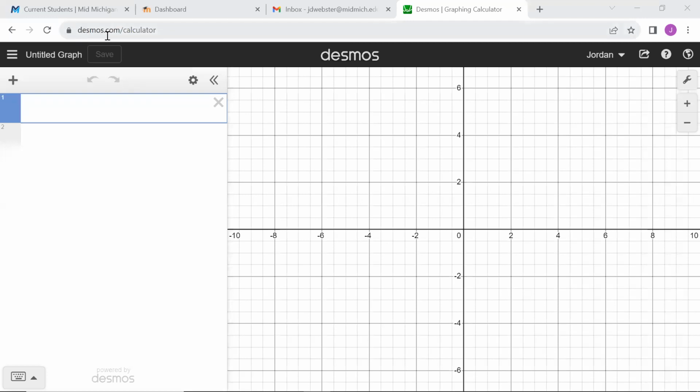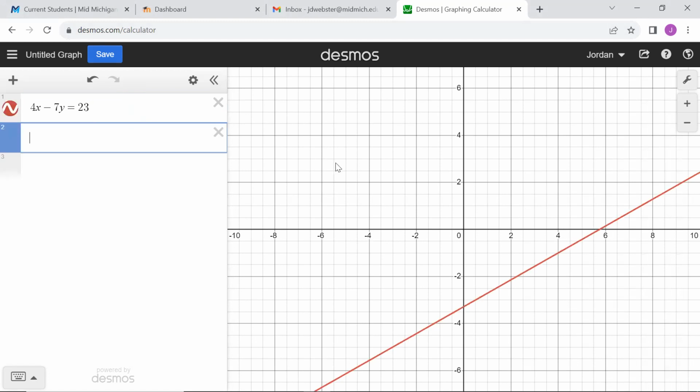If you go to desmos.com, you can find this piece of technology. It's online, free technology. And you can simply type in your equation, 4x minus 7y equals 23, and then type in your other equation into the next line, y equals 3x plus 4.